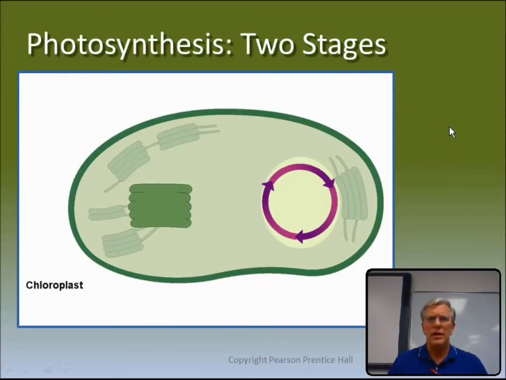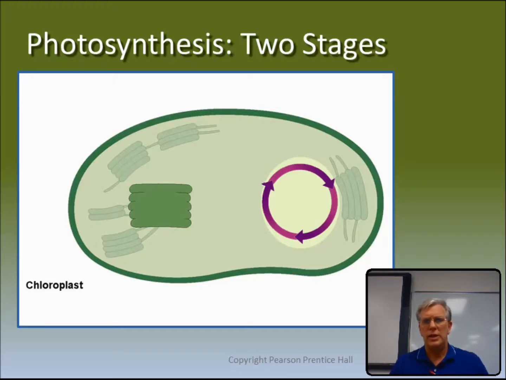All right, so here is a diagram of a chloroplast, and what I'm going to show you next are the two stages of photosynthesis. And if you are able to label this diagram as I'm going to do, then you will be able to answer any question that I'm going to ask you about photosynthesis.